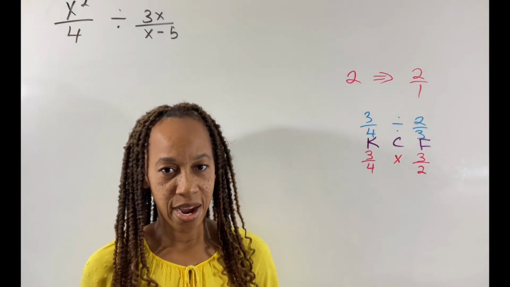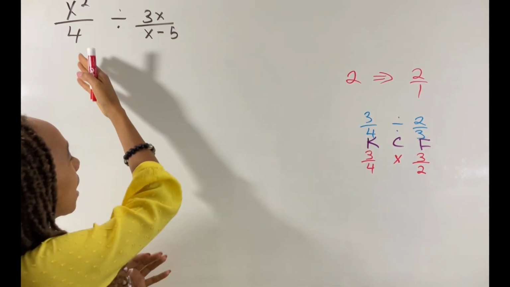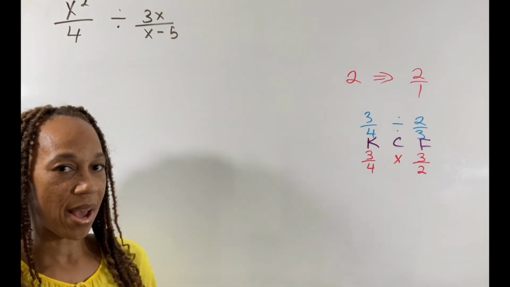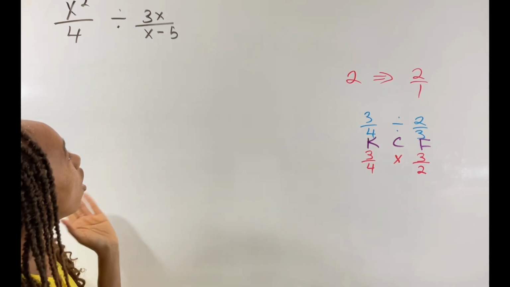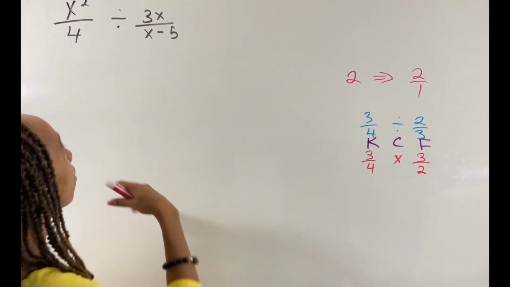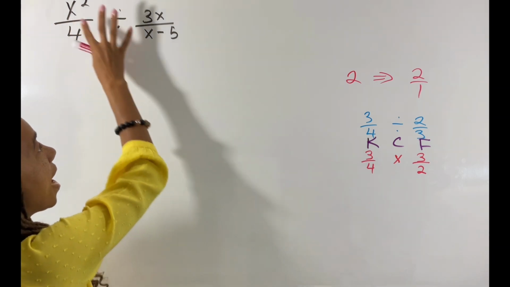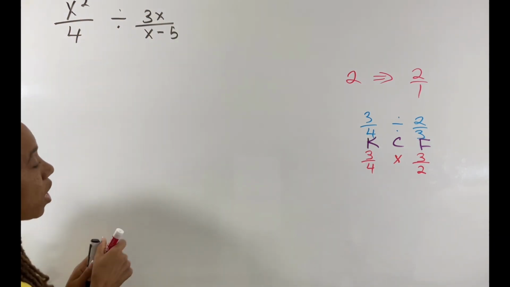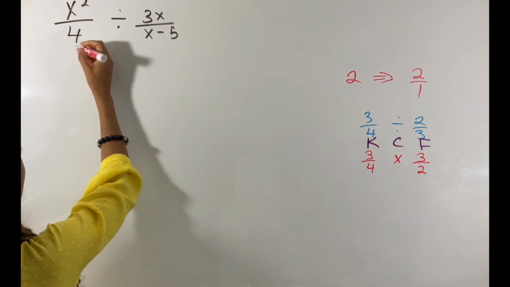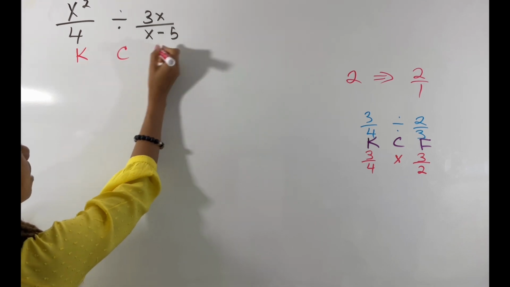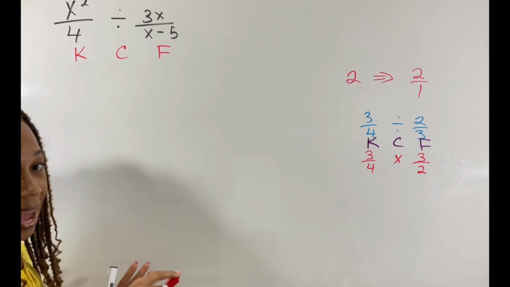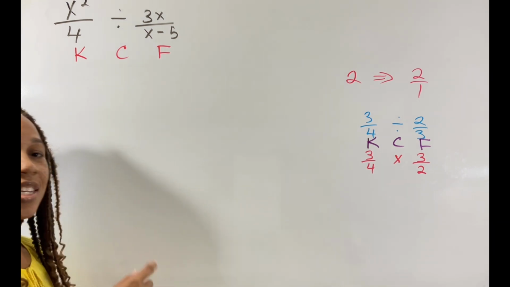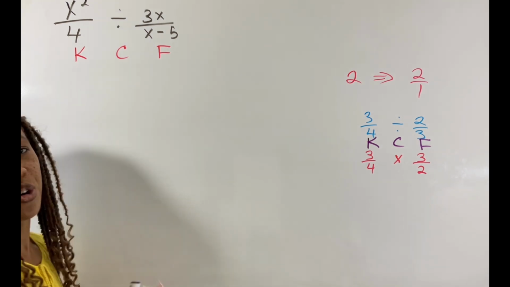You will notice here that because we are dealing with rational expressions, you have variables in each of your expressions. Now you have one side and you have the other side, and we must use the concept of keep, change, and flip. You can apply the concept of you frying an egg, and if you don't like eggs, let's say that you are grilling a burger.